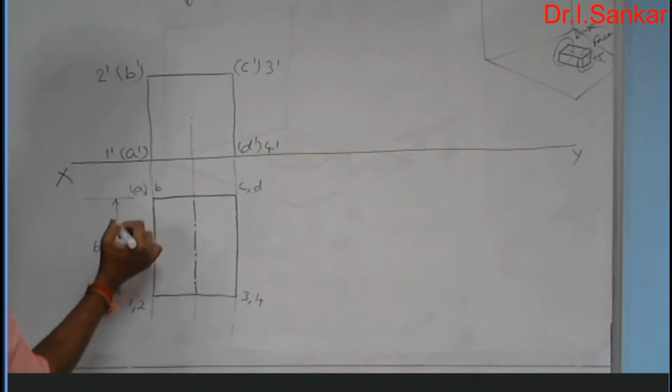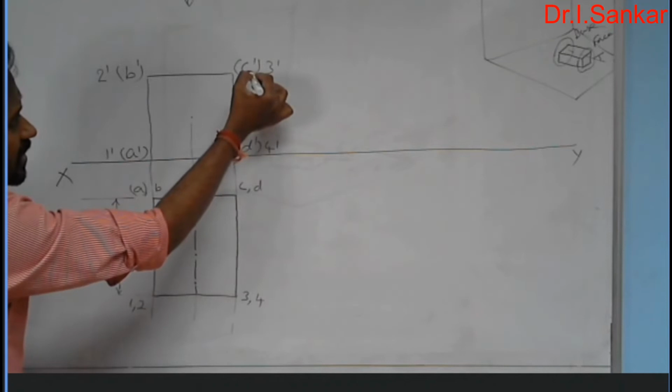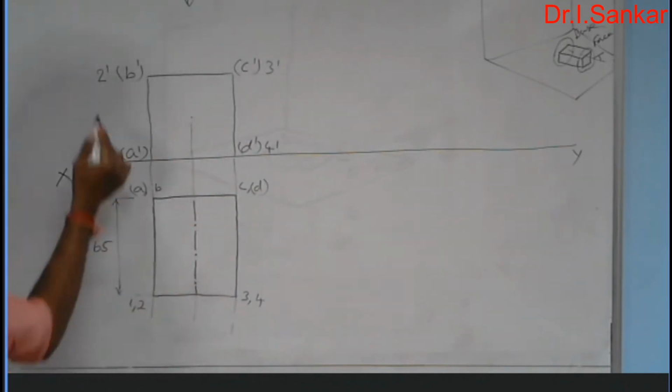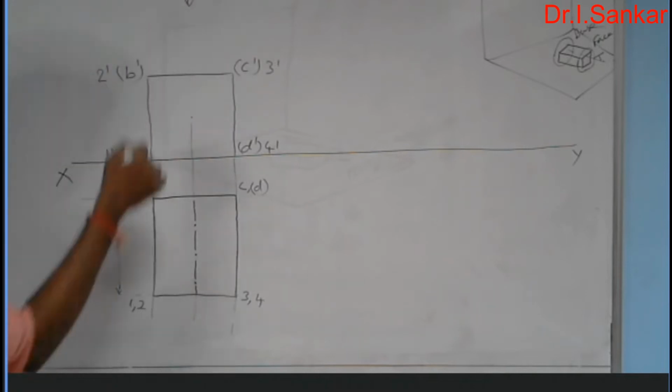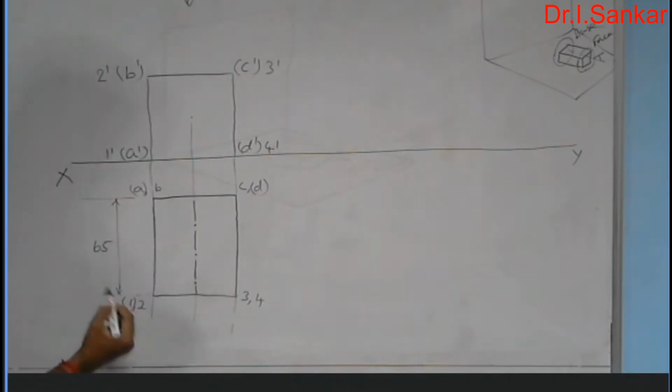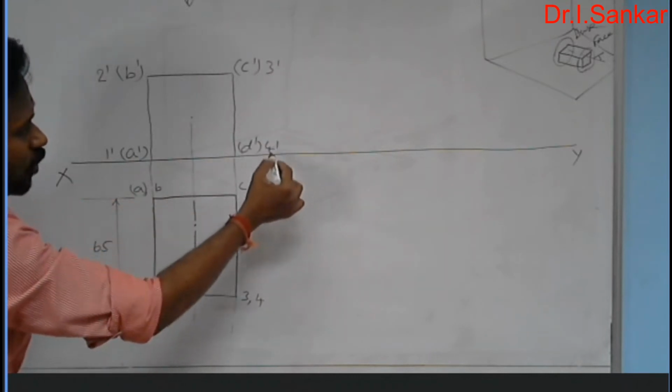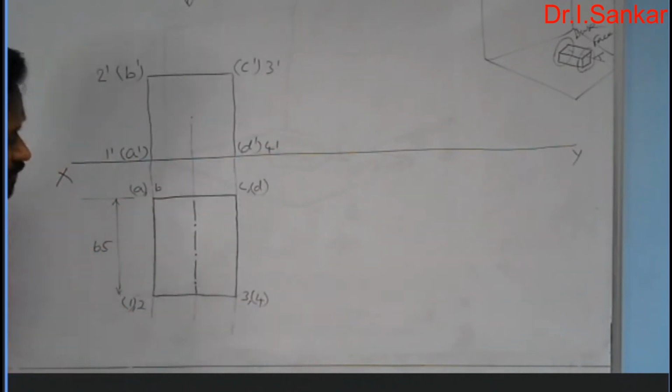So A needs to go inside the bracket. Here C is visible to you. D is invisible to you. In the same way, out of 2 and 1, when you look from the top, 1 falls behind 2, and when you compare 3 and 4, 4 falls behind 3. So in this way you can mark the names.